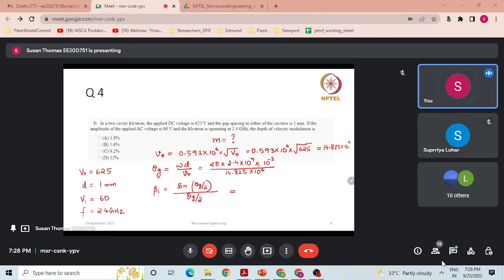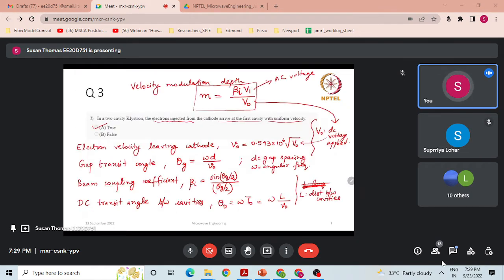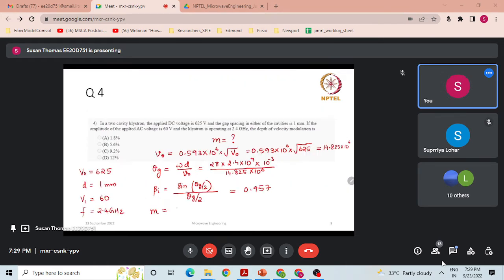The final answer for this beta I, I am just giving you directly, 0.957. Now once you got beta I, then modulation depth. What is the formula for modulation depth? Beta I into V1 by V naught.